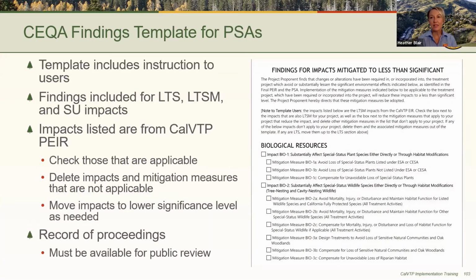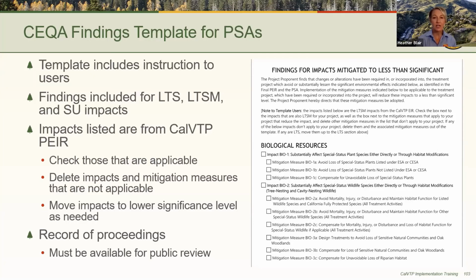The findings template includes detailed instruction for users. As required by CEQA, findings need to be made for impacts that are less than significant with mitigation and those that are significant and unavoidable. The template here also addresses impacts that are less than significant.